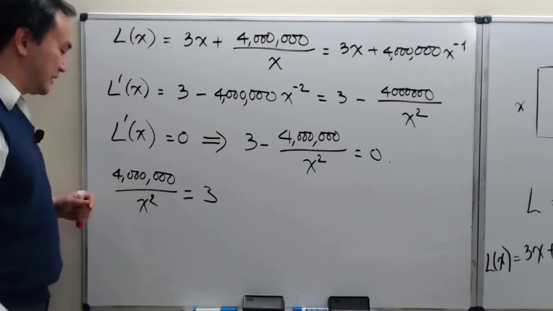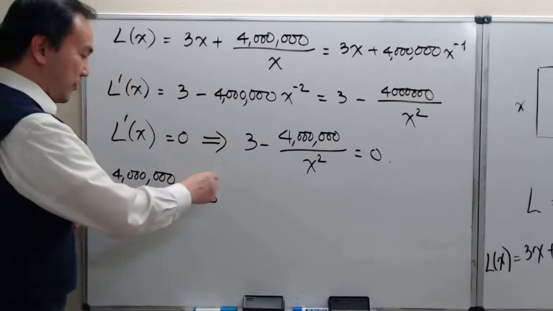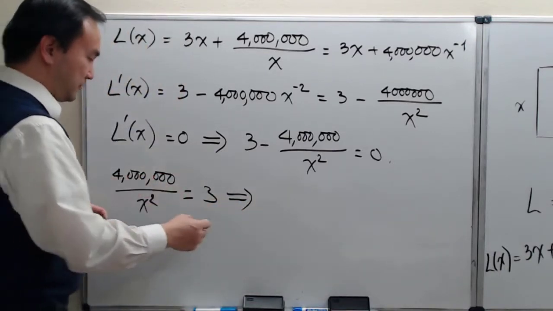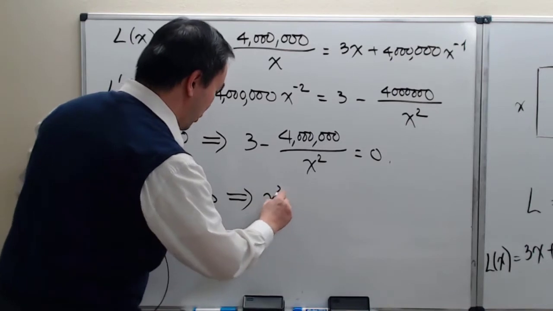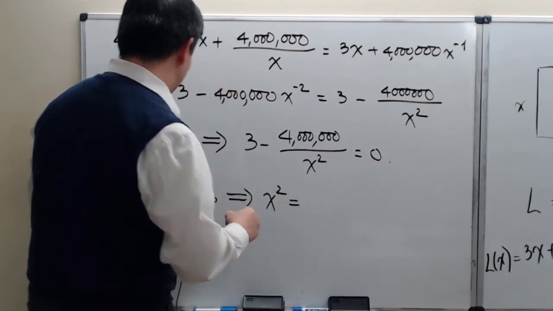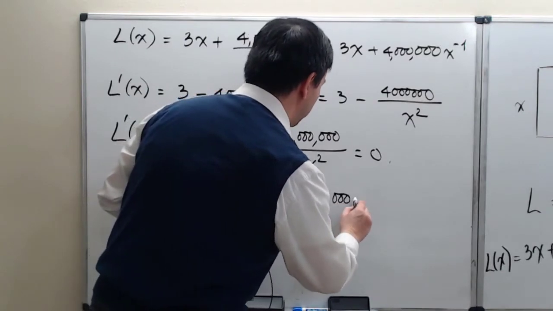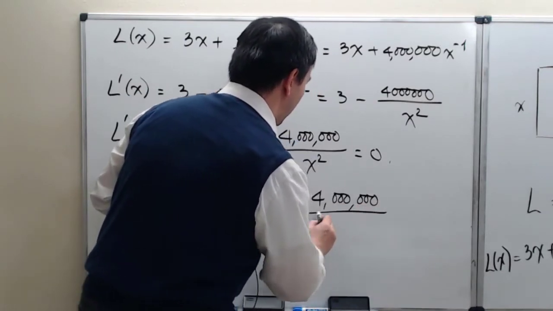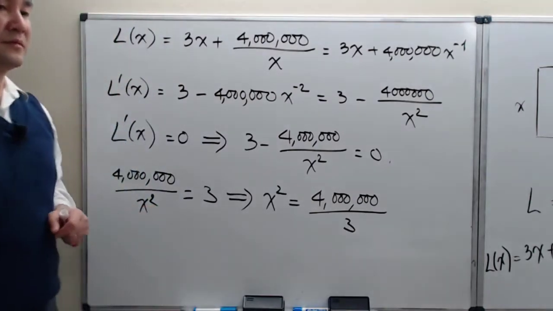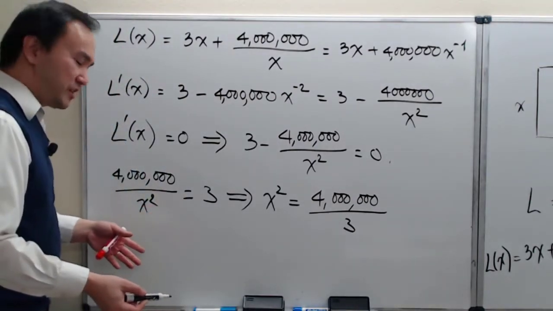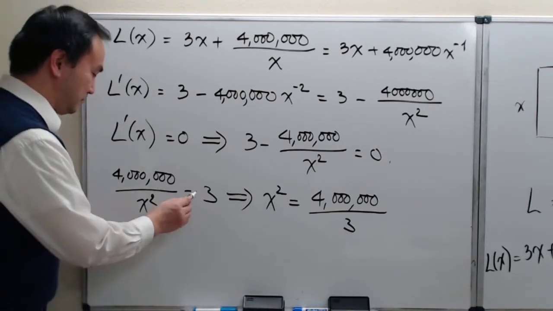It's equivalent to something like that, and we can quickly rearrange this ratio with the other values around, and we come down to x squared being equal to four million over 3. That's just by simply rearranging. The closest reach anyone can remember is cross multiplication.